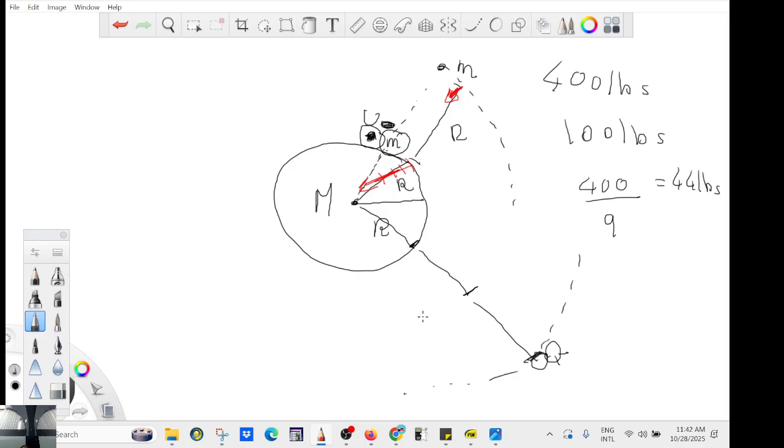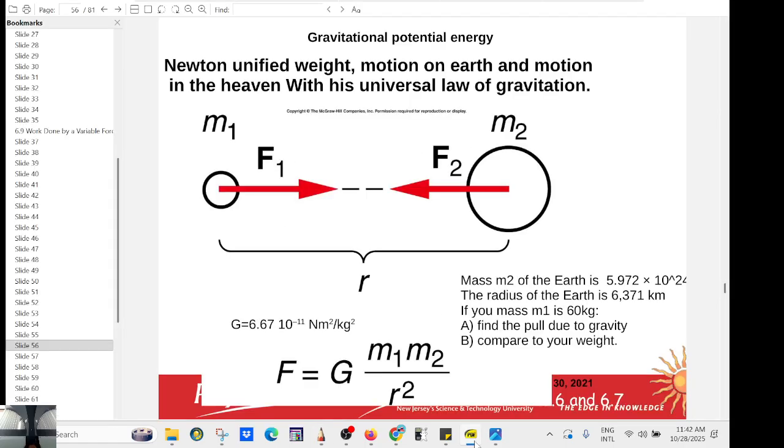Agree? So this is called the inverse square law, and it will apply to any field. Electric field, for example, light, electromagnetic field.